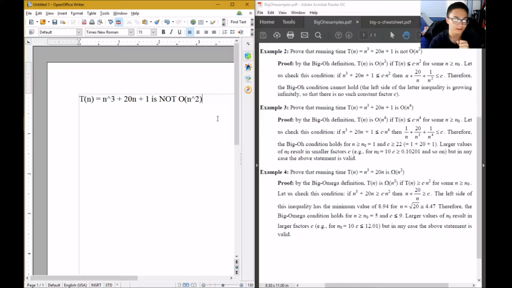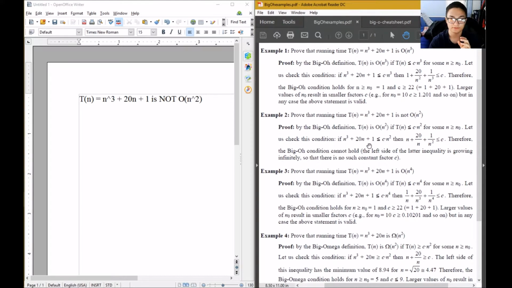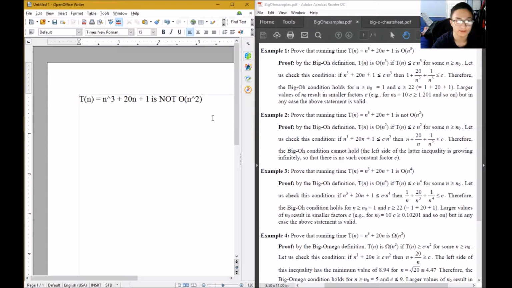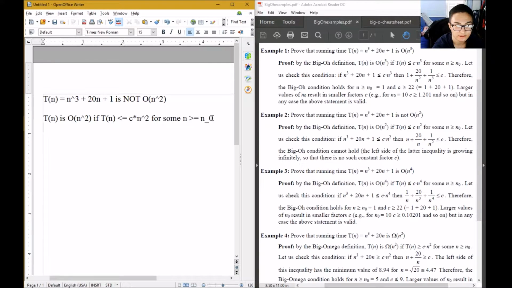And then regarding the question, prove that the running time is not O of n squared. So we have to plug it into our big O definition. T of n is O of n squared if T of n is less than or equal to c times n squared for some n equal to n naught.